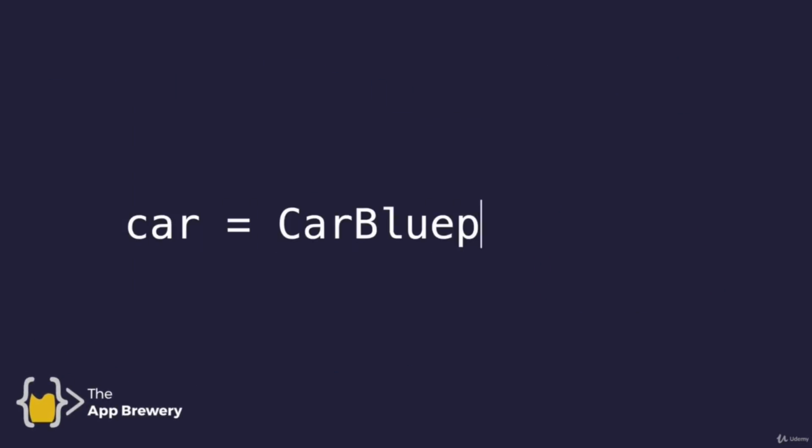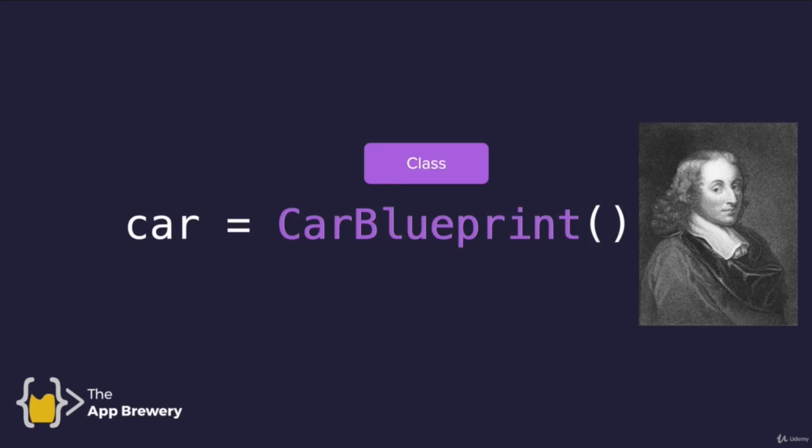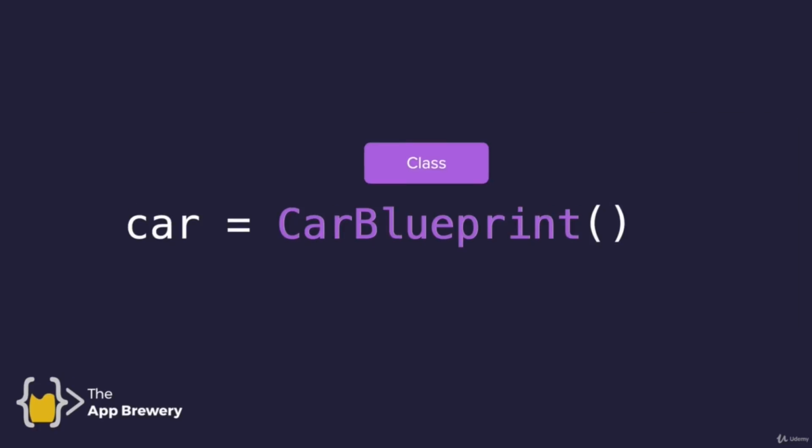The code equivalent of what just happened, creating a new object from a blueprint, looks like this in Python. You have the class, which is normally written with the first letter of each word capitalized, which is known as Pascal case. This is to differentiate it from all the variable and function names that we give in Python, where each word is separated by underscores.